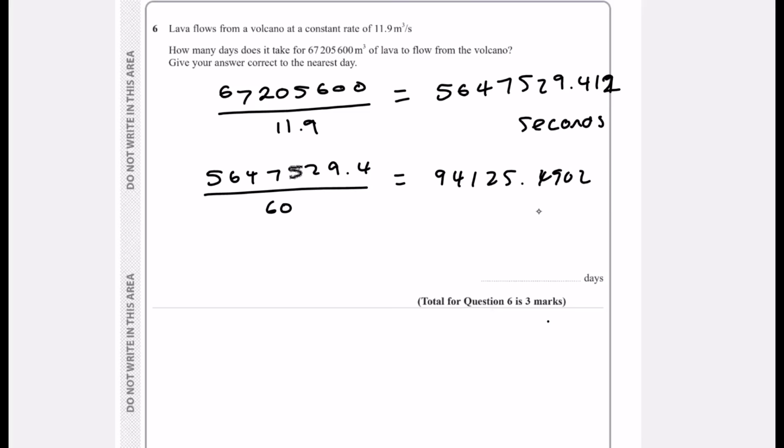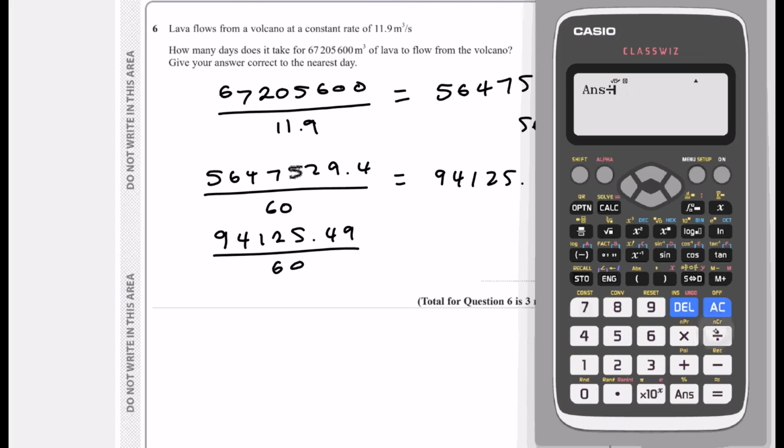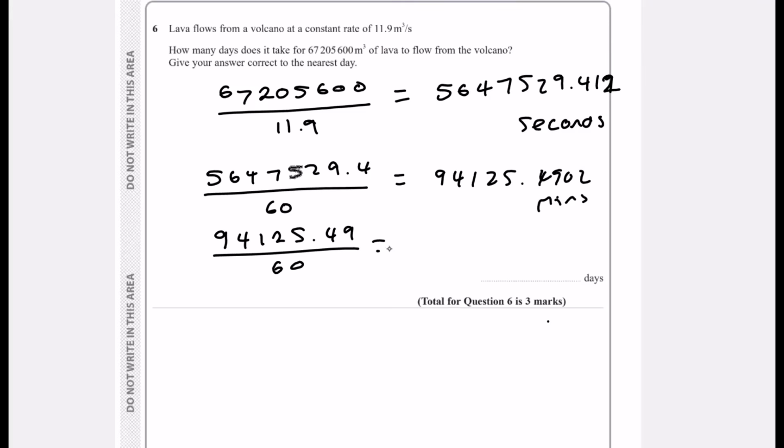So that's minutes. And again, if I want to change minutes into hours, I'm going to divide it by 60. So I've got 94,000 minutes. Divide it by 60, and that will tell me how many hours I've got. Again, using the whole number from the calculator. So 1,568 point something hours.